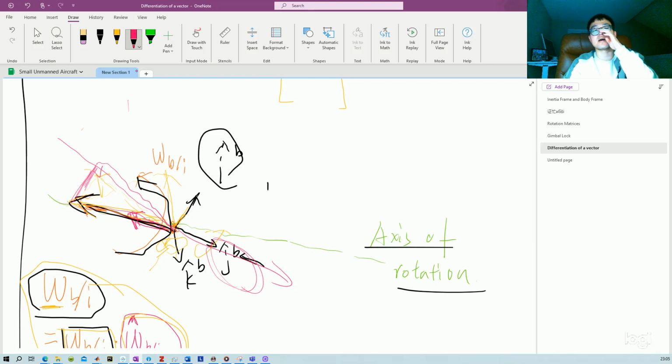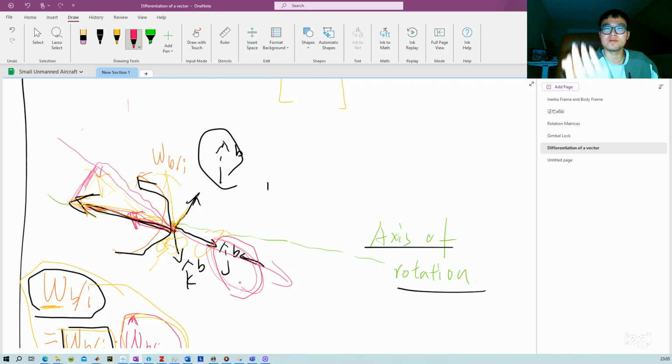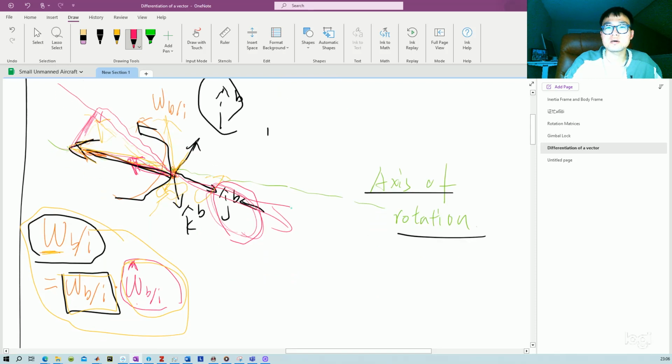It means that you have a right-hand rule, and you point a thumb in this unity vector direction, and then your positive definition of omega, projected here, will be essentially rotating like that.